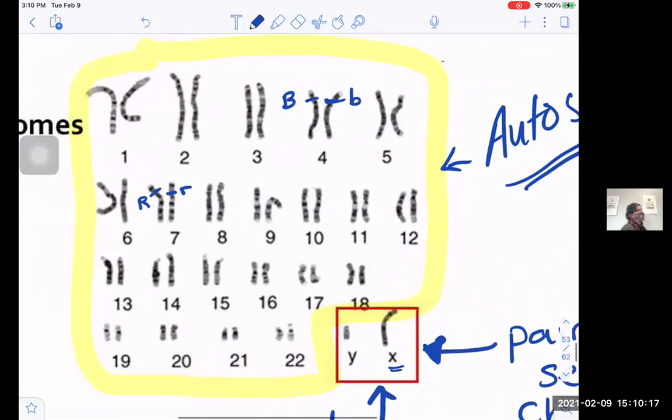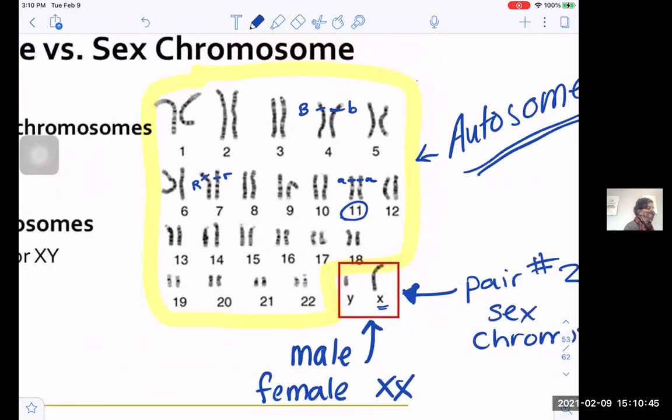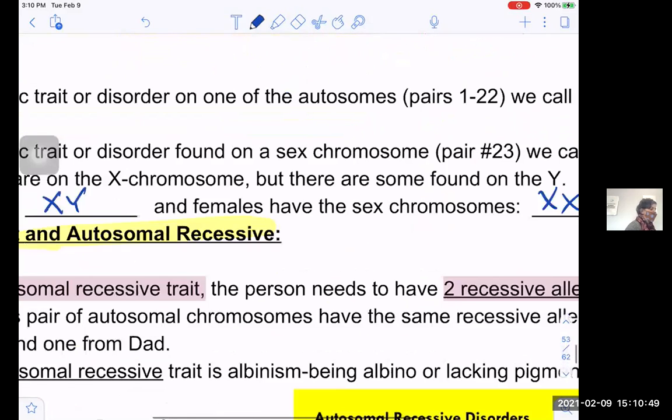You can't just look at a picture of somebody's chromosomes and go, oh, yep, they have little a, they're definitely albino. You can't tell that from looking at the chromosomes because that little a is the sequence of DNA letters, A's, T's, C's, and G's that code for albinism. So you can't see it in a picture, but what it means is that those letters reside on the number 11 chromosome.